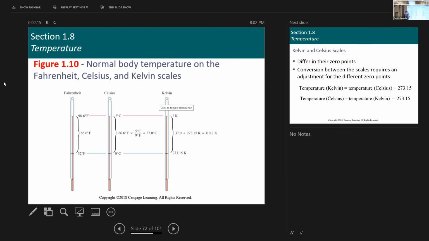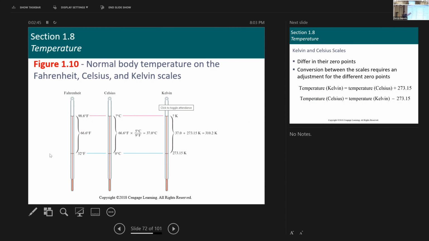Okay, so what I'm trying to say is the unit size for Celsius and Kelvin is the same. If you look at the conversion from 37 Celsius to Kelvin, all we did is add a number. We added 273.15 to get to your Kelvin temperature.